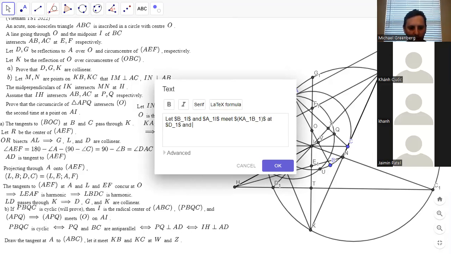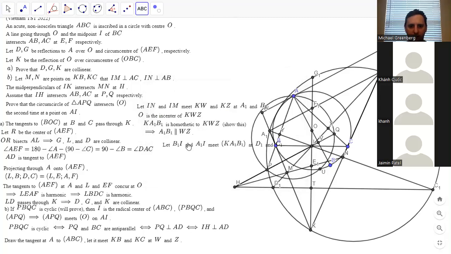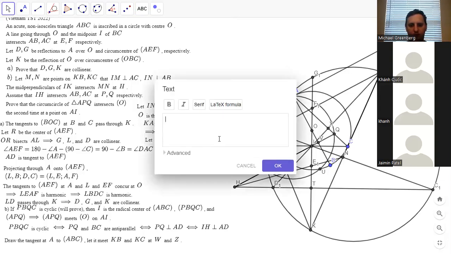And I'll just say not hard to show H, D1 and C1 are collinear. I'll just say HD1C1 is the perpendicular bisector of IK.